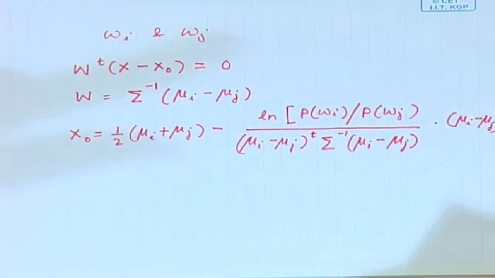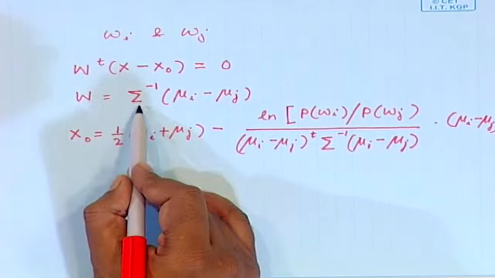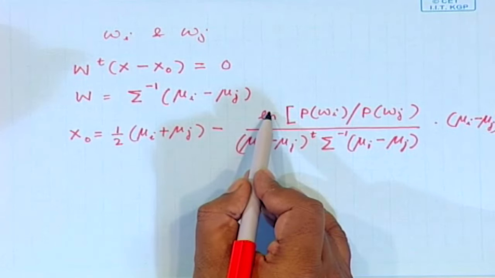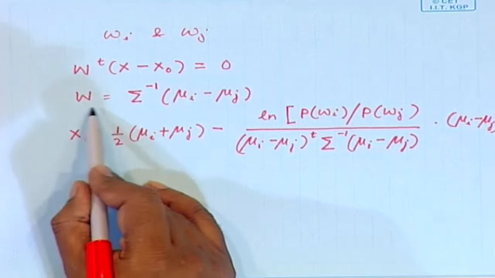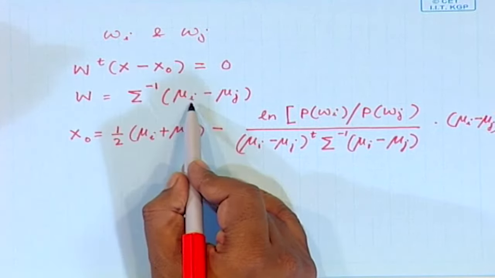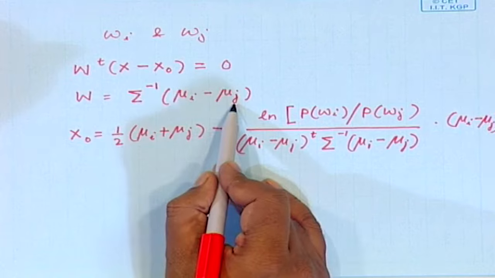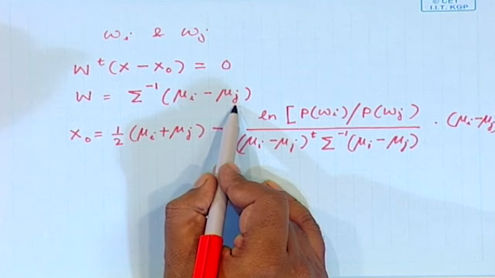So, w had the same direction as the vector mu_i mu_j, but sigma inverse (mu_i minus mu_j) is not in general in the direction of mu_i and mu_j. As a result, this vector w is not in general in the same direction as the vector mu_i mu_j.